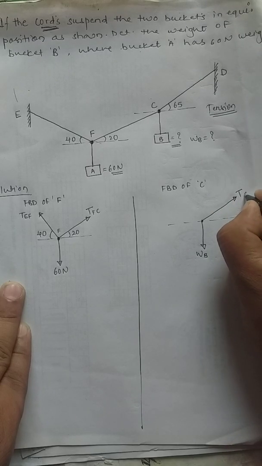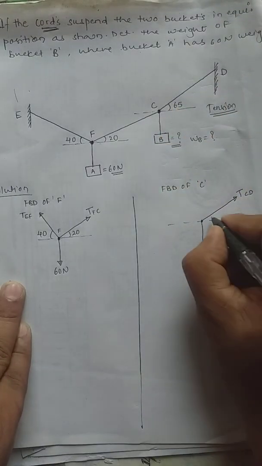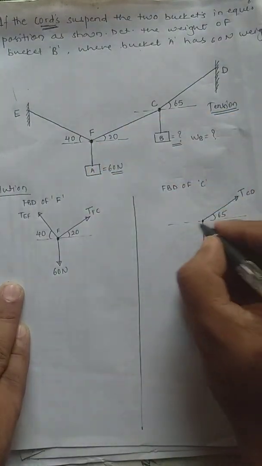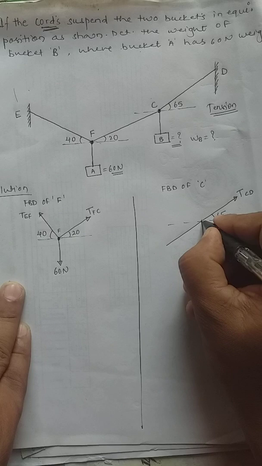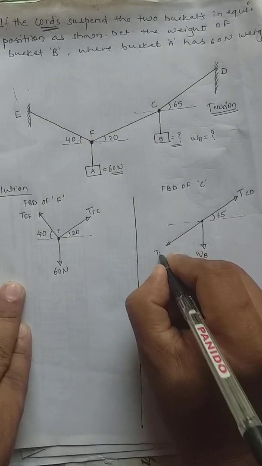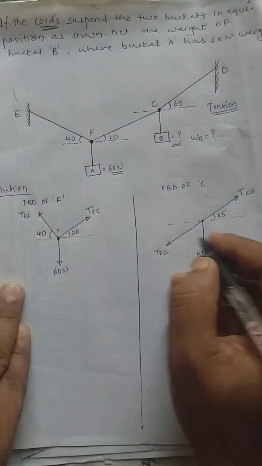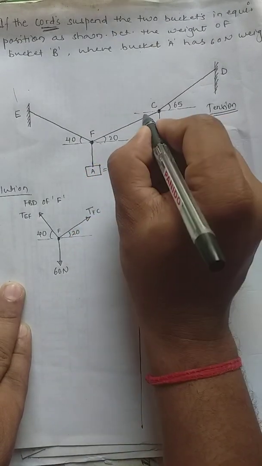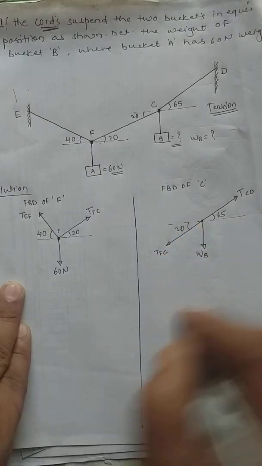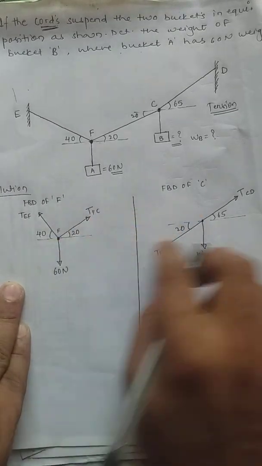This will be tension in CD, angle given 65. There is another cord FC, so there will be another tension in the cord FC, TFC. Now if this angle is 20 degrees, this angle will also be 20 degrees. So magnitudes are known, the angles are given.